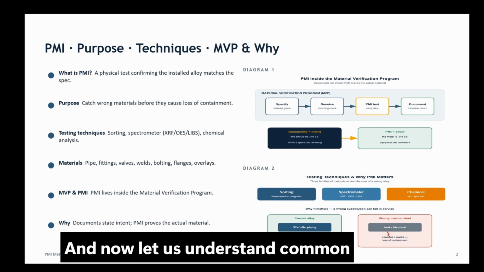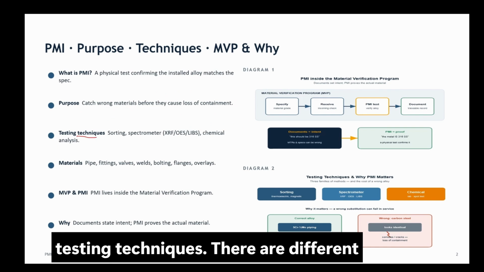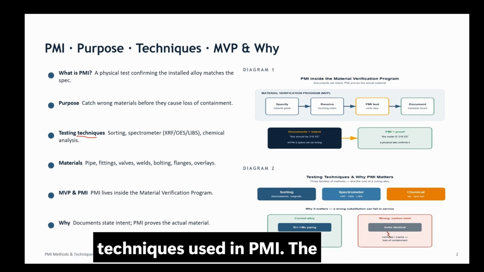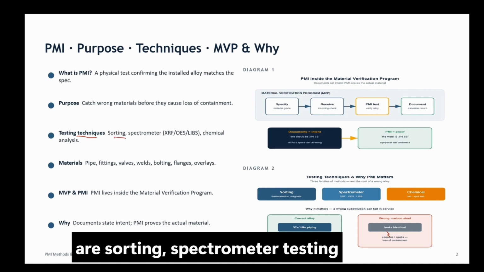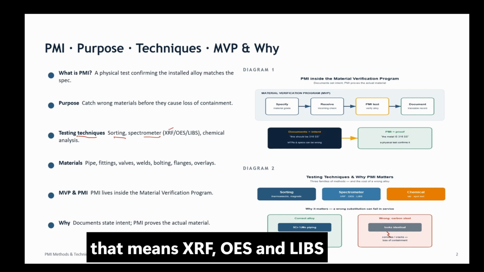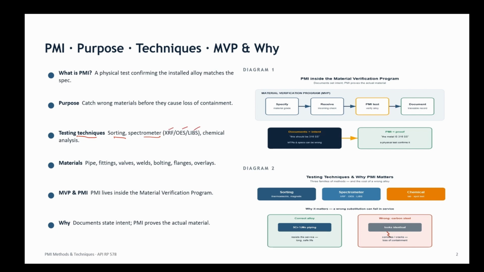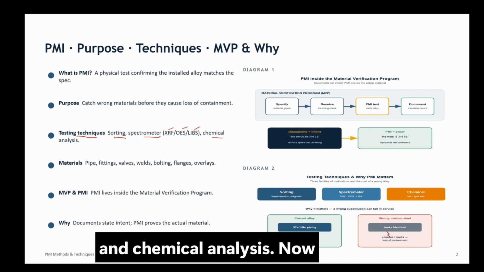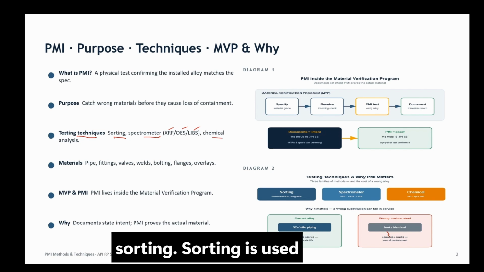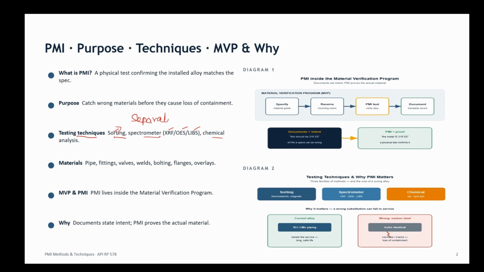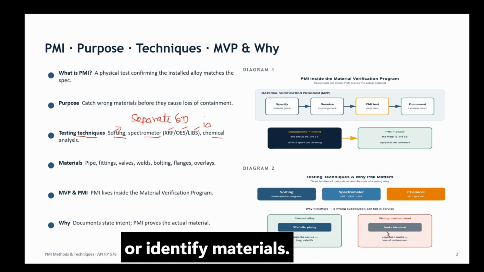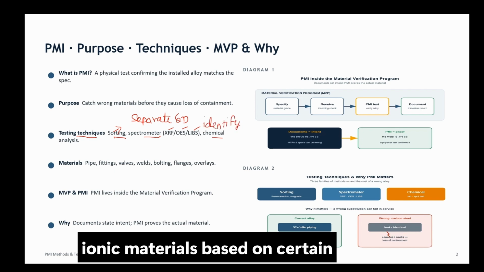Now let us understand common testing techniques. There are different techniques used in PMI. The main techniques shown in the slides are sorting, spectrometer testing, that means XRF, OES and LIBS, and chemical analysis. Now, sorting. Sorting is used to separate or identify materials based on certain properties.